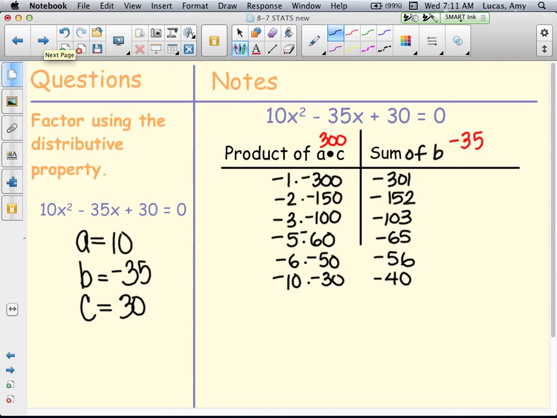We're getting closer. And negative 12 times negative 25, negative 37. Getting closer again.